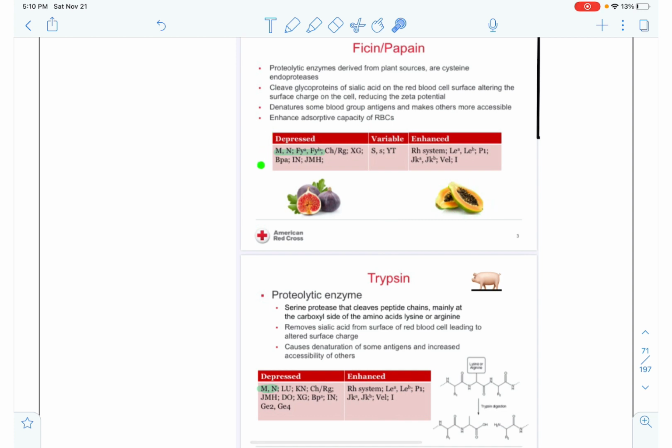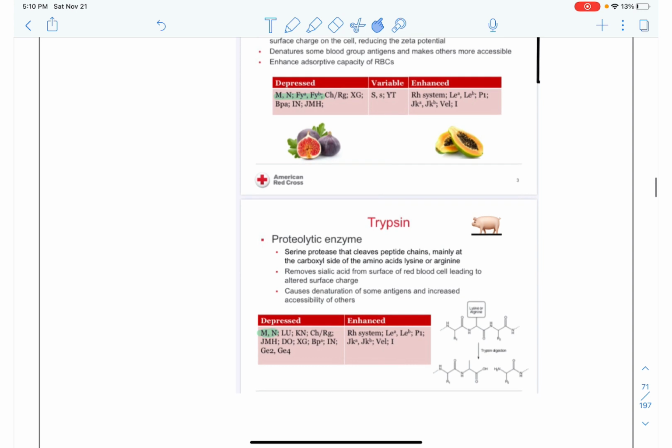Shown below here are the antigens which are depressed and the antigens which are enhanced. There are variable antigens, meaning you can either remove them or they remain. It depends on the red cell that you're treating. Ficin and papain characteristically remove M, N, and the Duffy system. The other ones are more for investigational use since they're not as clinically significant as M, N, Duffy A, Duffy B. Trypsin is also an enzyme.